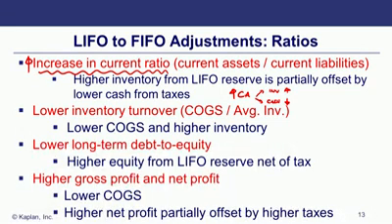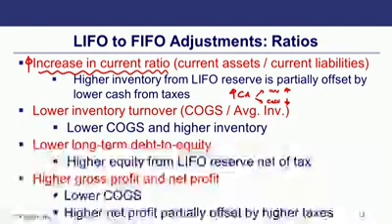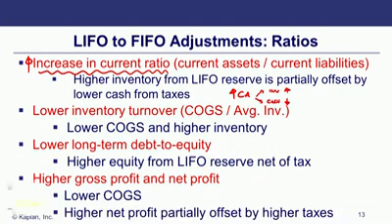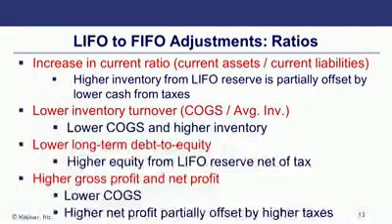Let's look at some other liquidity and efficiency ratios. So inventory turnover is our next one to look at. So we've got cost of goods sold over average inventory. Now, of course, if we're going to use our FIFO methodology, that's going to increase our average inventory. Again, assuming an inflationary environment, of course. What's the impact on cost of goods sold? Well, remember our cost of goods sold.